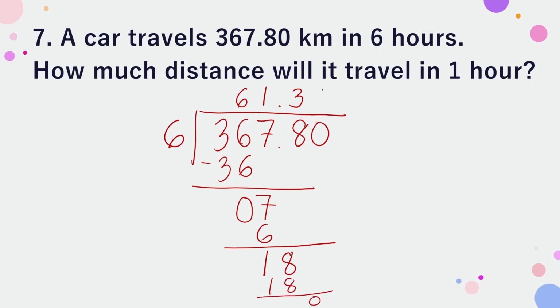And I have 0 over there. What is the unit here? Hours or kilometers? Kilometers. So it will travel 61.30 kilometers in 1 hour. Mao ni ang ma-travel niya in 1 hour.